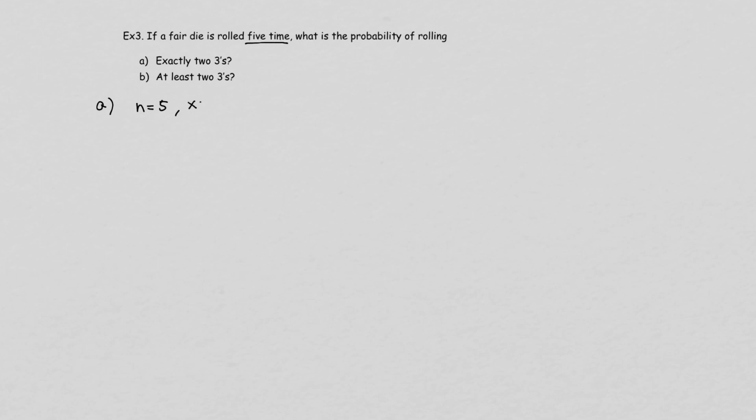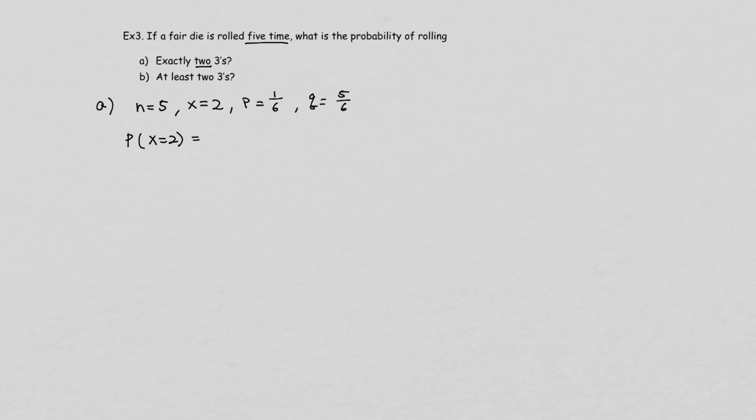Your X is going to be 2. And the probability of success each time is going to be 1 out of 6, right? Because it's 6 sides, getting a 3 is 1 out of 6. It means your failure is going to be 5 out of 6.